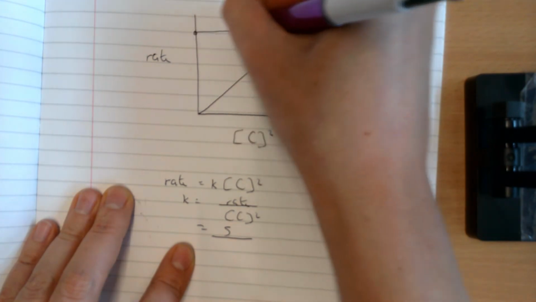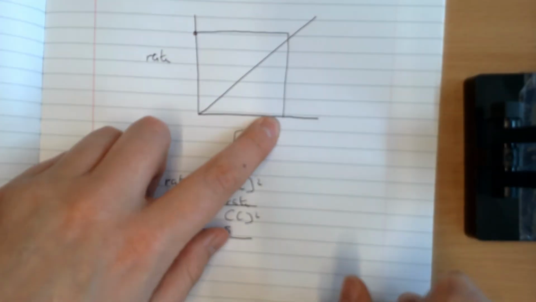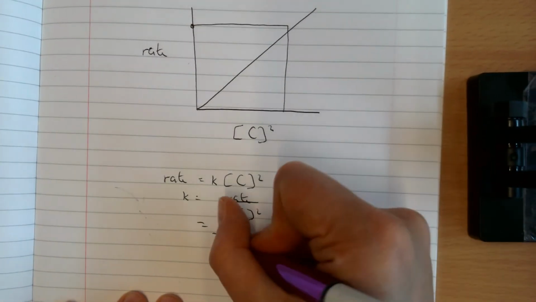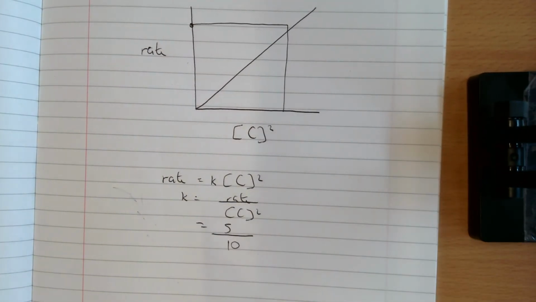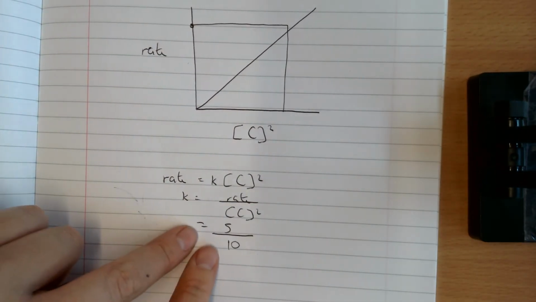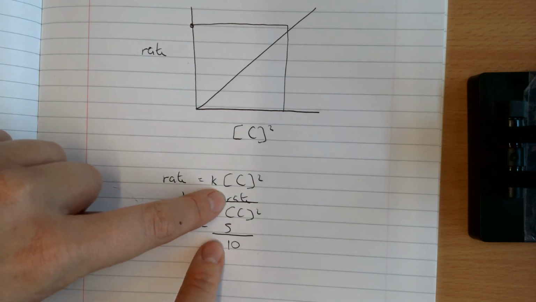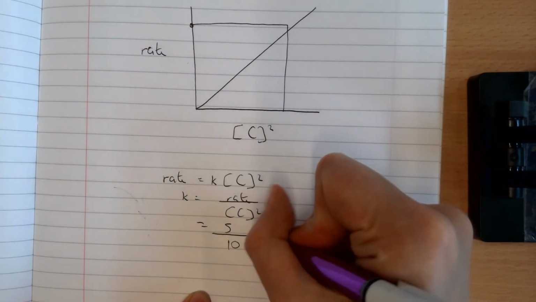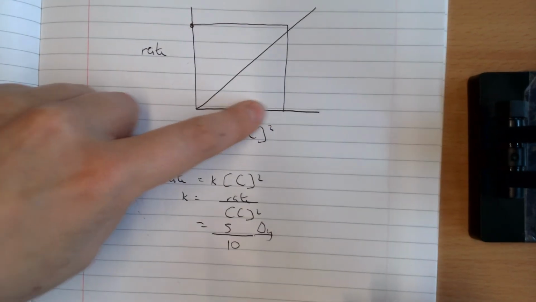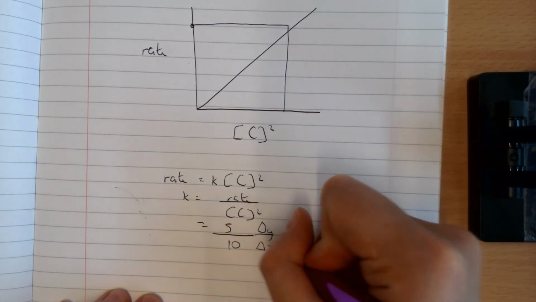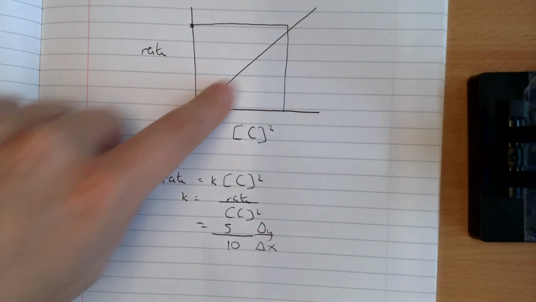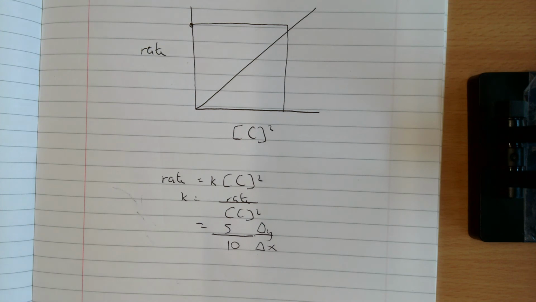Then I come across and down, and I can find my answer for C squared. Let's just say the concentration of C squared there is 10. Again, this is the same as getting the gradient of the line: by reading rate off the y-axis I have the change in y, and by reading concentration squared off the x-axis I have the change in x. So I am getting the gradient of that line, and that's going to equal k for a second order reaction.